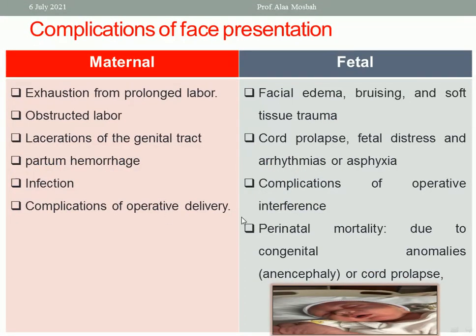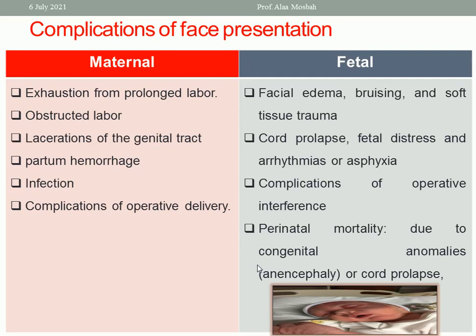What are the complications expected in face presentation? Maternal and fetal complications. Maternal include obstructed labor, exhaustion from prolonged labor, laceration of the genital tract, the perineal area, the vagina, and cervix, postpartum hemorrhage or intrapartum hemorrhage, infection and puerperal sepsis, and complications of operative delivery.